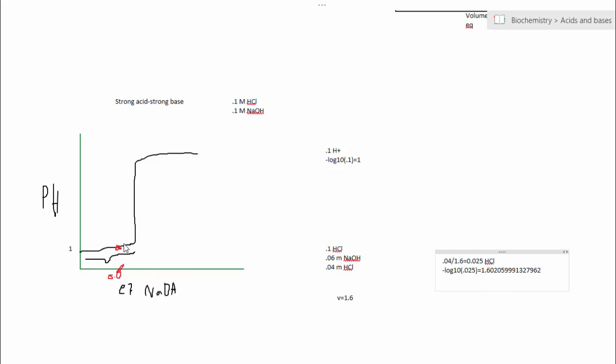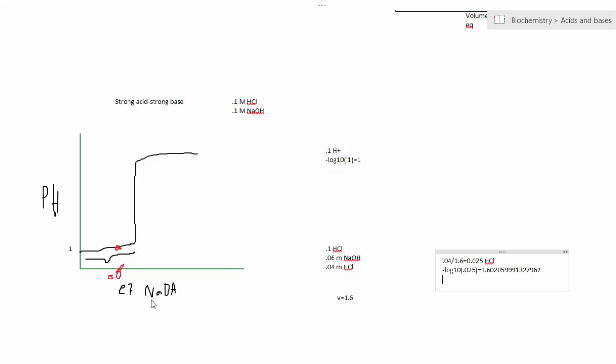So here the pH will equal 1.6, although we have added 0.6 equivalents of NaOH, because all the NaOH has been neutralized by the HCl, and the conjugate acid of NaOH is very weakly basic.